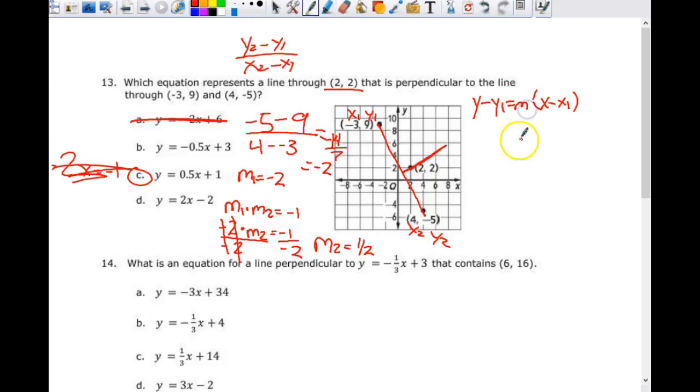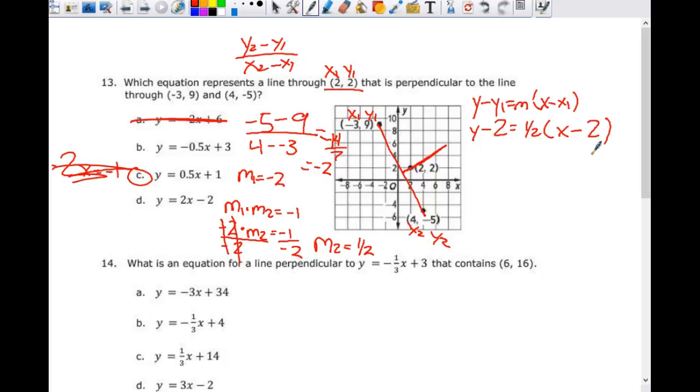Plug it in. This is your x1, this is your y1, because you want those to go in there. Y minus 2 is equal to m, which is 1/2, times x minus 2. Now we're trying to get y by itself, right?